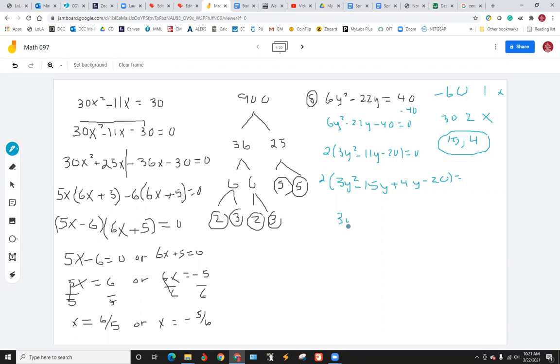So 3y is the GCF there, and then that's going to be y minus 5. Bring down that sign, so that's plus 4, because 4 goes into 20. And then that's y minus 5.